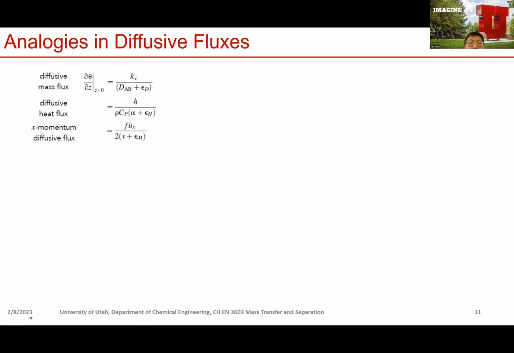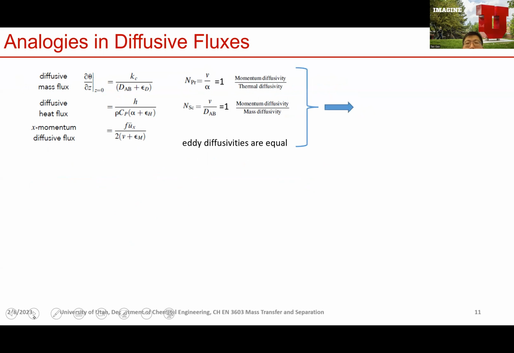We first looked at the Reynolds analogy, which is a very simplified analogy in which we assume the momentum diffusivity is equal to the mass diffusivity, and all the eddy diffusivities, epsilon D, H, and M, are the same. We can then simplify this equation to what is called the Reynolds analogy. In this case, as long as you can get the Fanning friction coefficient, then you can compute the mass transfer and heat transfer coefficients.